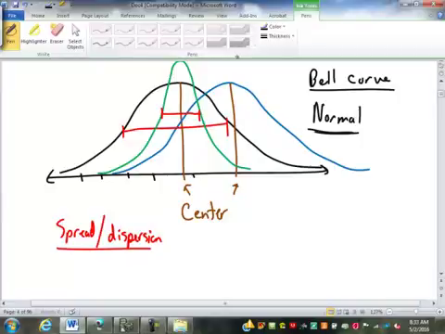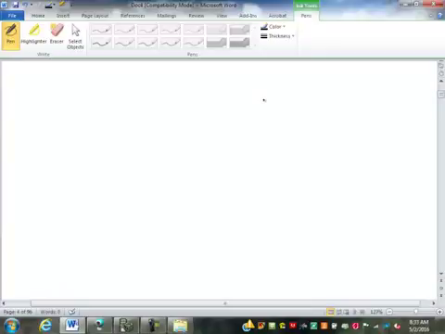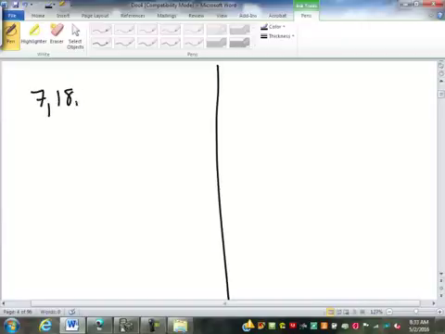So what I'm going to do is we're going to take a small set of numbers, and we're going to find our measures of center and spread. In fact, what we're going to do is we're going to do two sets of numbers, just because there are some slight differences. So I'm going to split my page right down the middle. My first set of numbers is going to be right there.